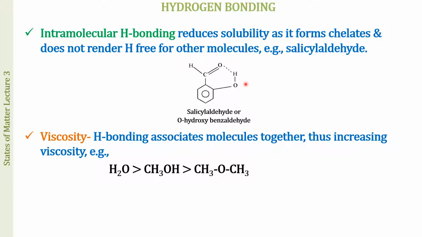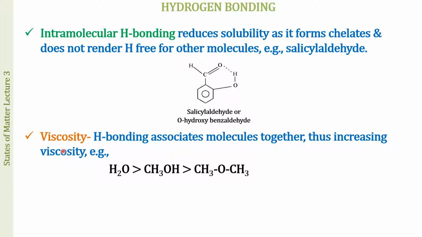Though we will be discussing more about it in further courses, this is going to form ring-like structures, right? So this molecule now is a closed ring. The hydrogens are not available for participating in hydrogen bonding with other molecules, and therefore the solubility of these compounds decreases.